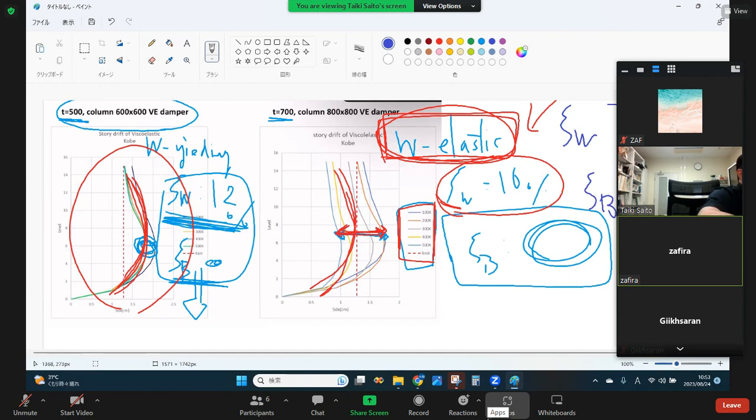So we must change the model to make this one small and this one large.